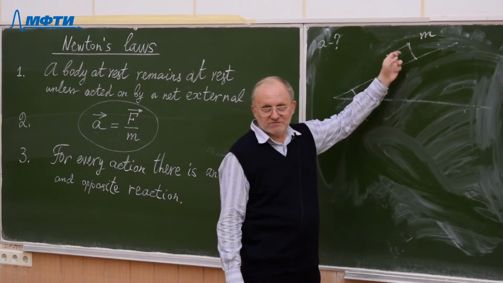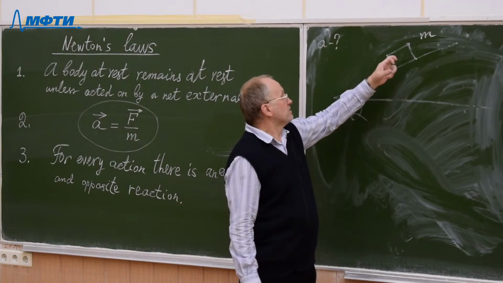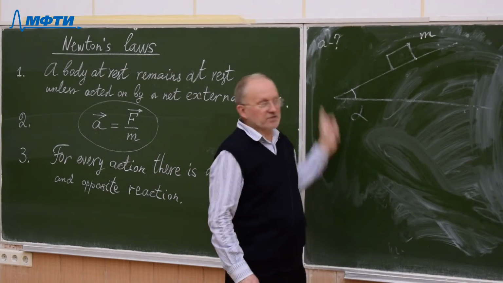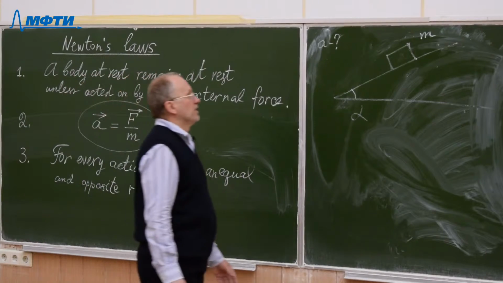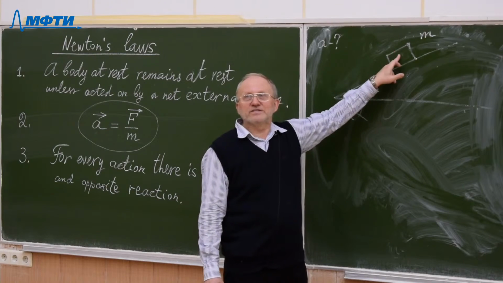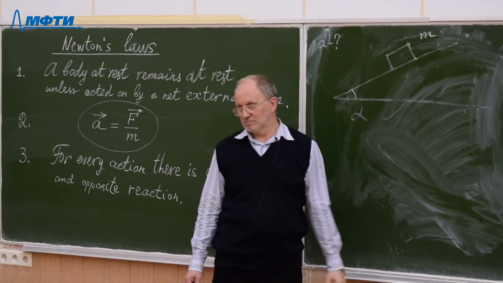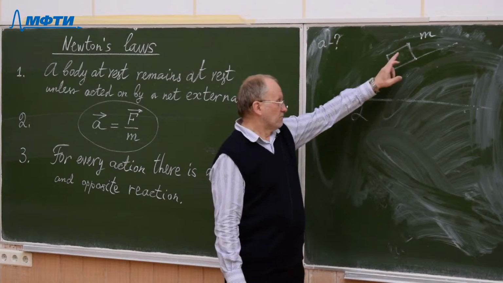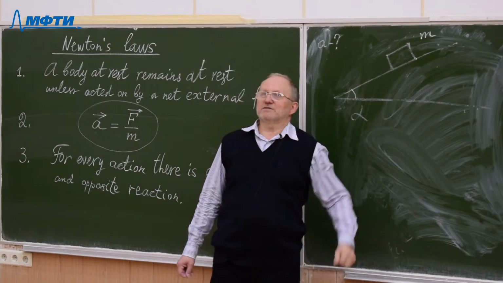This is the vector sum of all forces acting on this body from other external bodies. In order to find all the forces, we have to consider all the interactions of this body with the external world. We have to find every other object with which this body interacts.